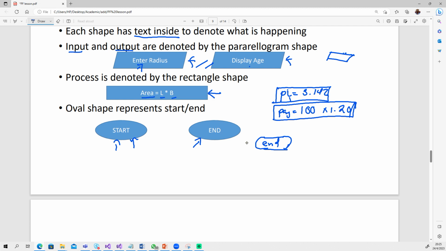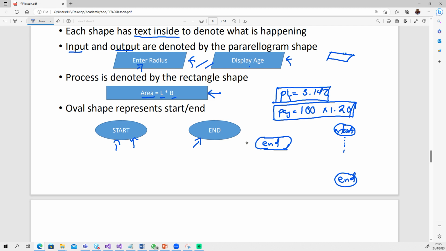Normally a flowchart looks like this. At some point you are going to have the start, and then something happens here, until something is going to end. So there will always be some form of an ending.